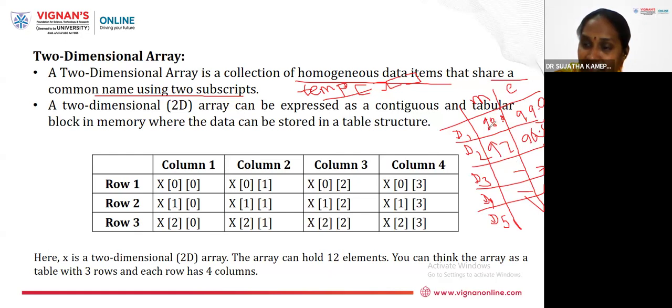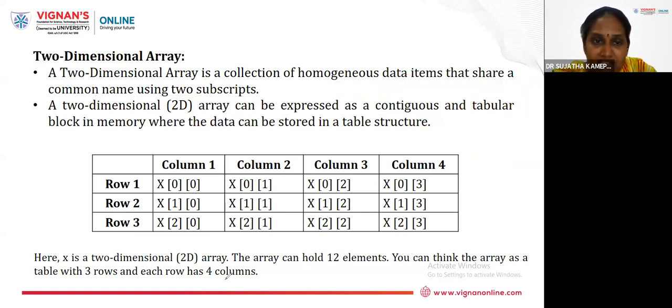So here it contains 5 rows and 2 columns. Right. So here I can represent it as a table. Why I am writing all these things is that a two-dimensional array is nothing but a table structure.